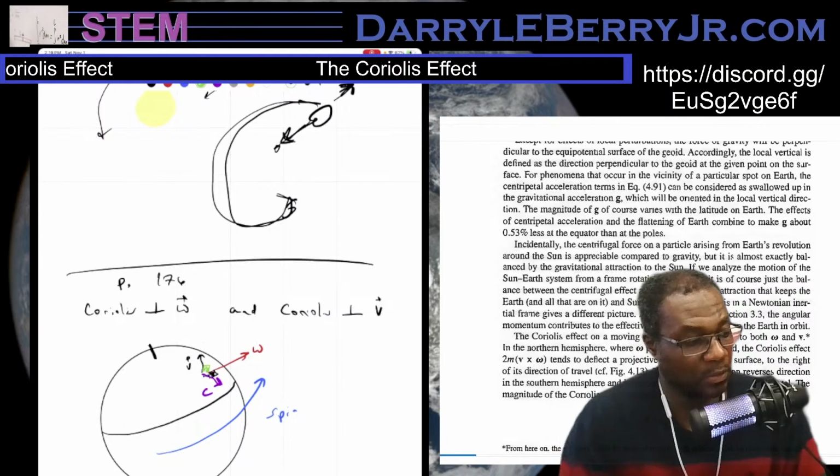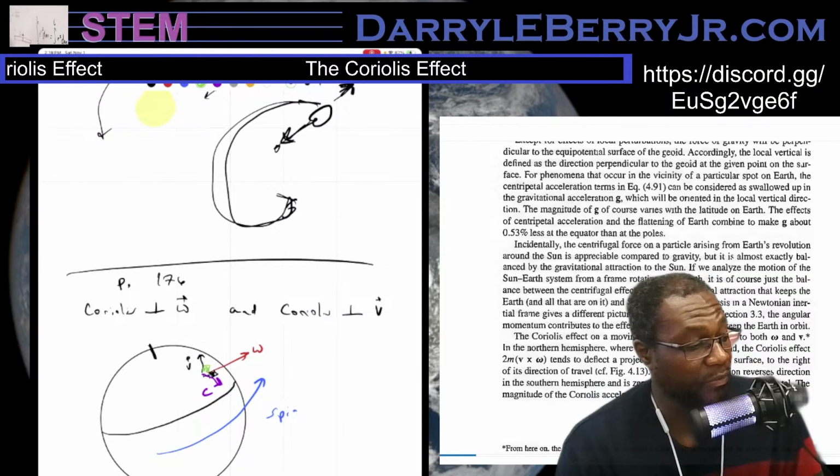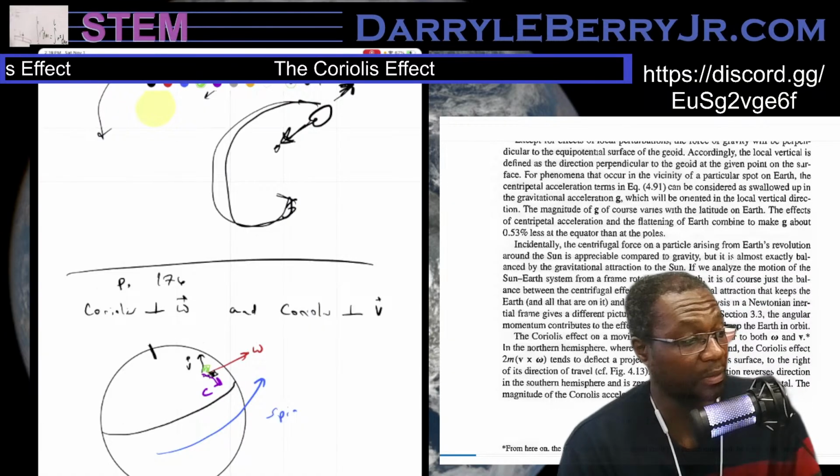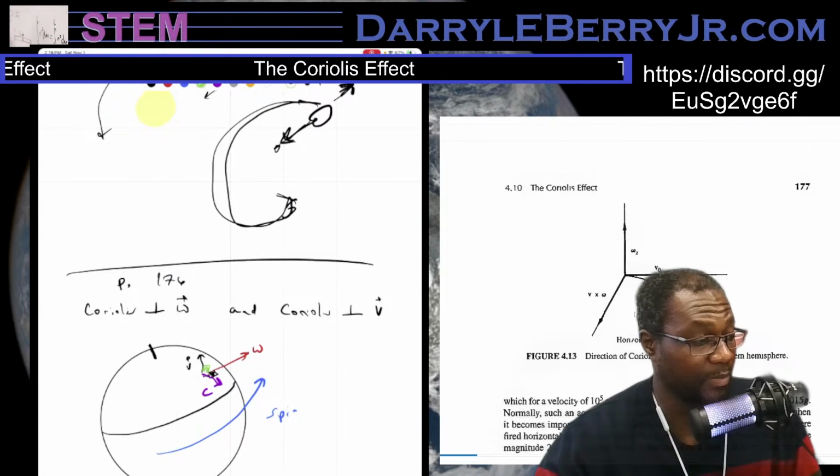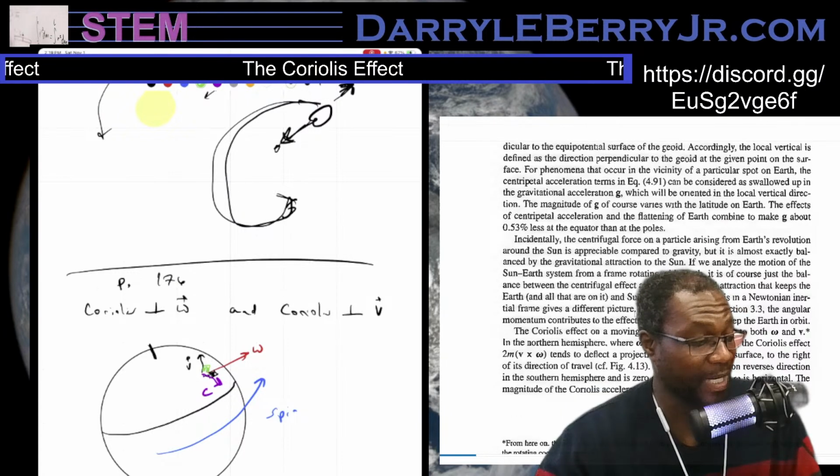The magnitude of the Coriolis acceleration is always less than 2 omega v, which is about 1.5 times 10 to the negative 4 v.